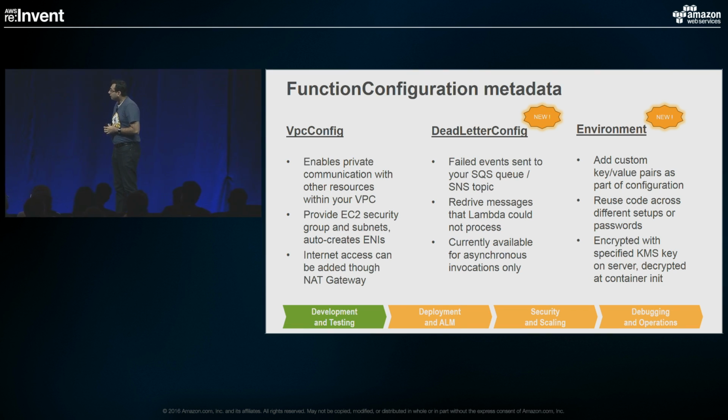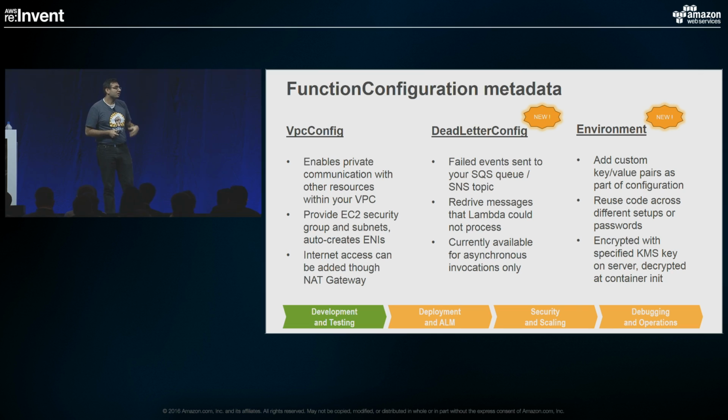What the dead letter config can do is, as Rick mentioned, an important thing is to make sure that when the Lambda function fails, you want to make sure the data isn't lost. So this is available in the asynchronous mode today, where you can specify an SNS topic or an SQS queue as a dead letter queue for your Lambda function.